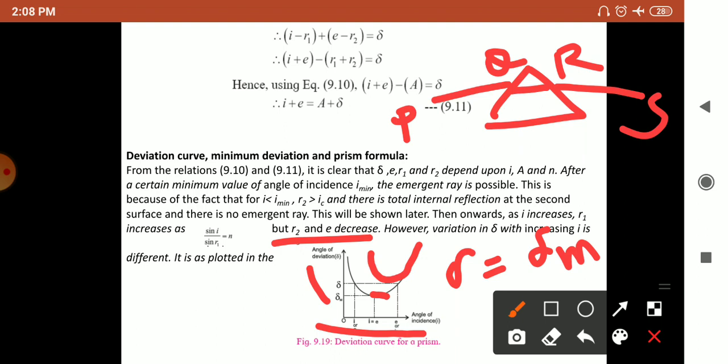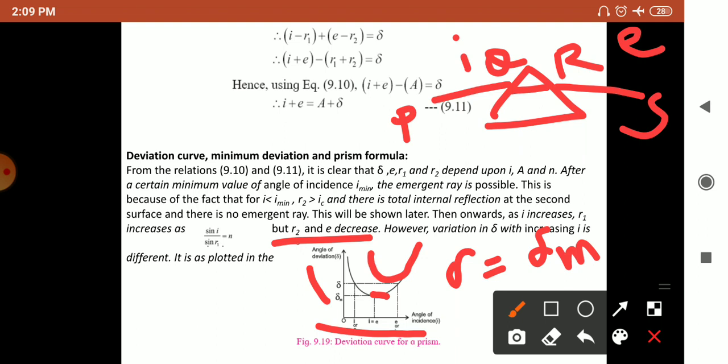It is obvious that if one of these values is the angle of incidence, the other must be E and vice versa. One will be incident, another will be emergent.